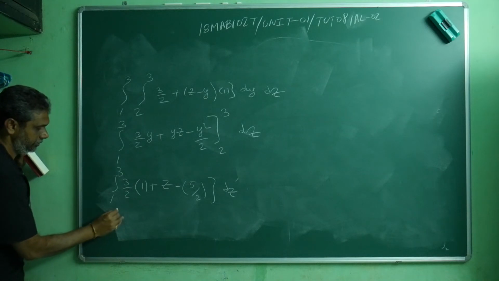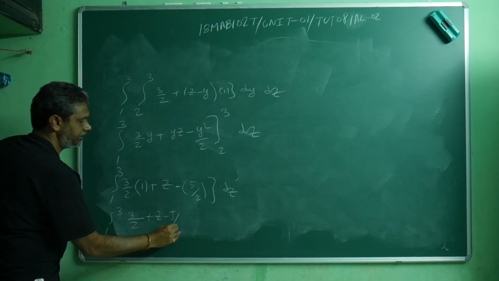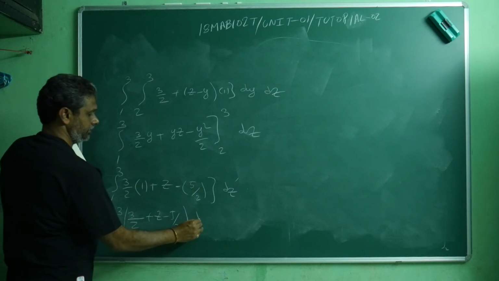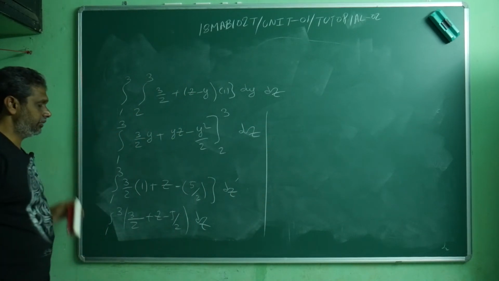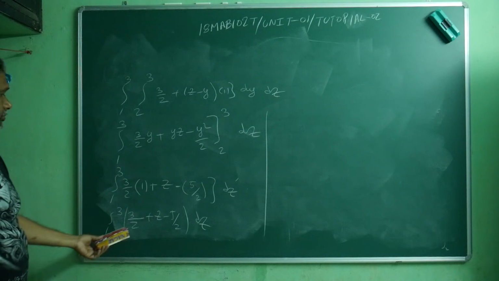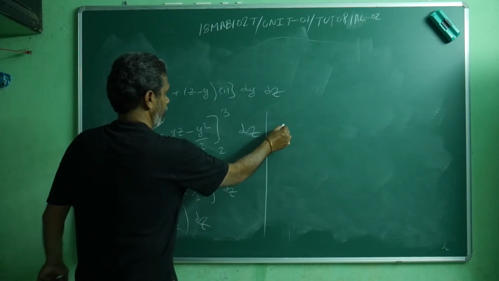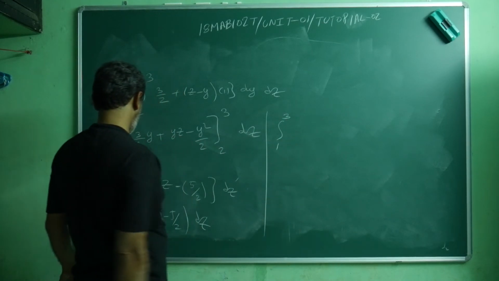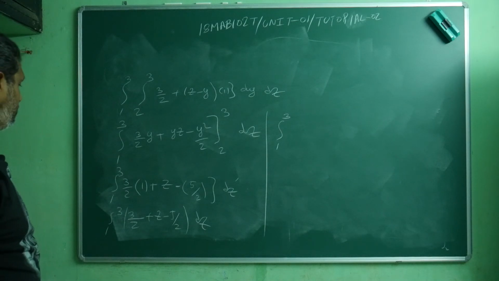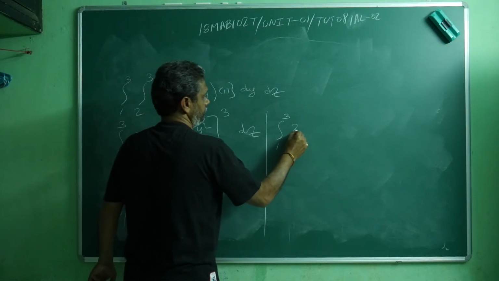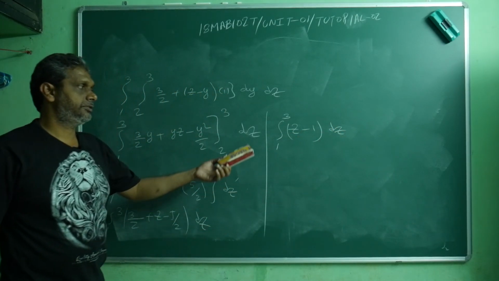Now 1 to 3, 3 by 2 plus z minus 5 by 2 dz. Now 3 by 2 minus 5 by 2, what will you get? Minus 2 by 2, that is minus 1. So (z minus 1) dz.